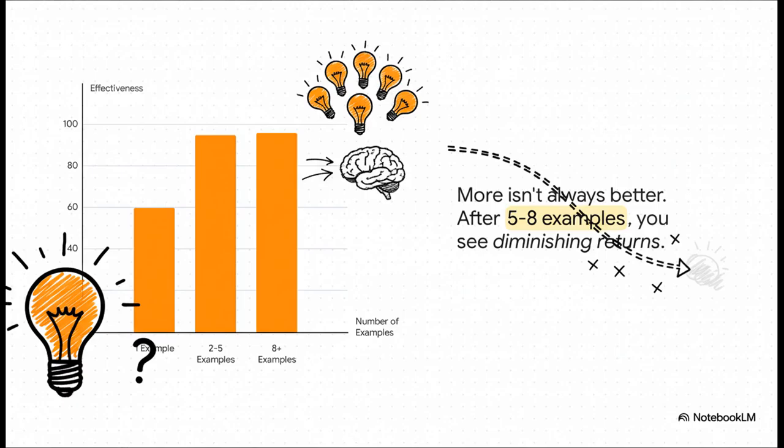And this chart here just lays it all out perfectly. You see, giving just one example, that's called a one-shot prompt, can be kind of risky, because the model might get fixated on the tiny details of that single example. But then you get into that 2 to 5 range, and effectiveness shoots up. And then look what happens. Once you get past, say, 5 to 8 examples, you start hitting diminishing returns. You're just wasting your time and your tokens without really getting much better results.